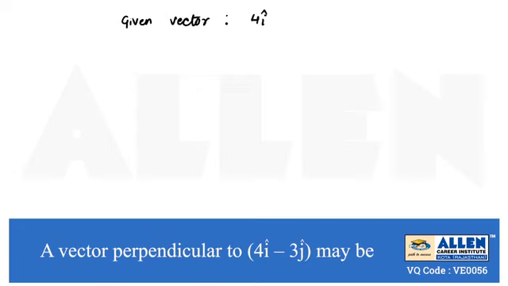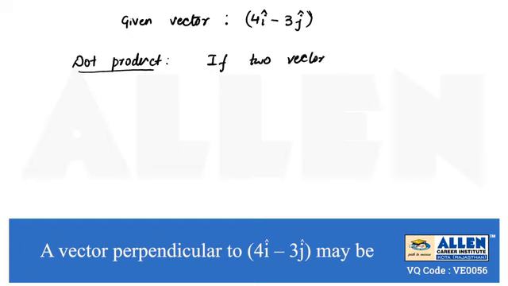4 i cap minus 3 j cap, and we have to find another vector which is perpendicular to the given vector. So here we will use the condition of dot product, that is, if two vectors are perpendicular, then their dot product will be 0.